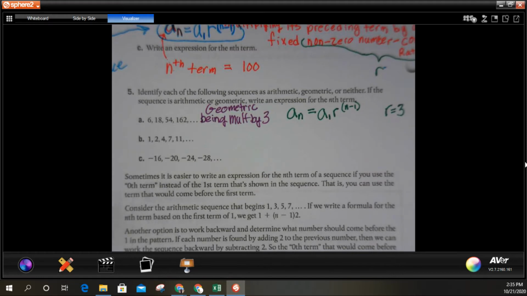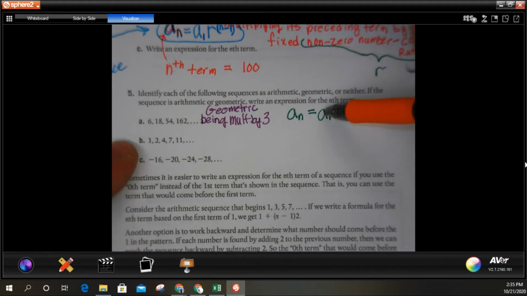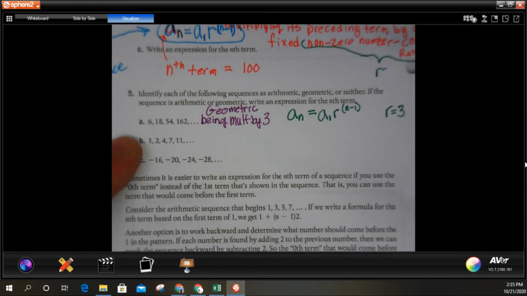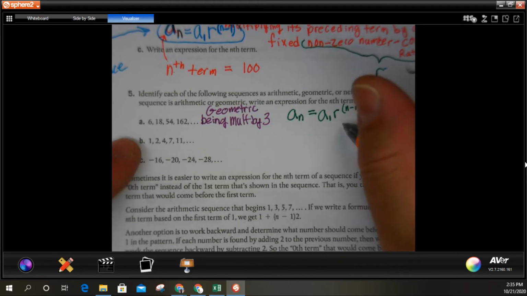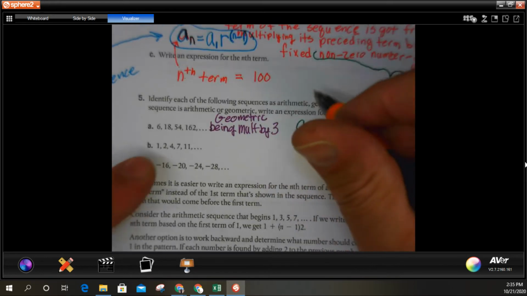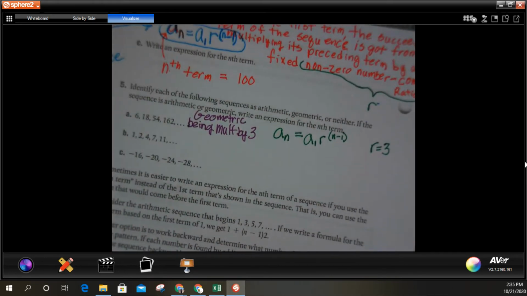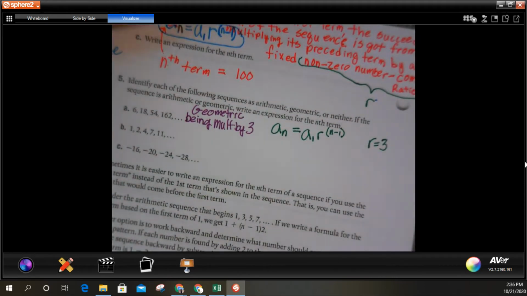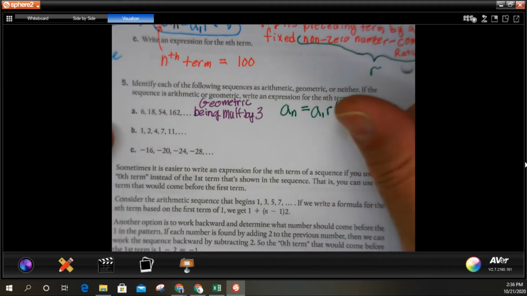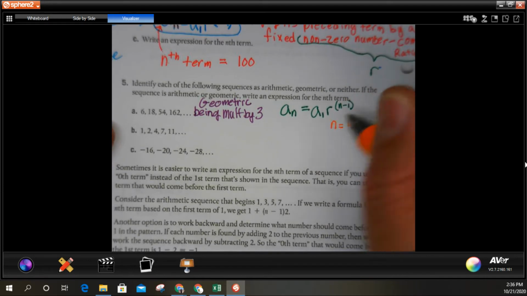So, for example, if they wanted me to find the fourth term, I'm just going to show you how this works. To find the fourth term, I need n equals 4.